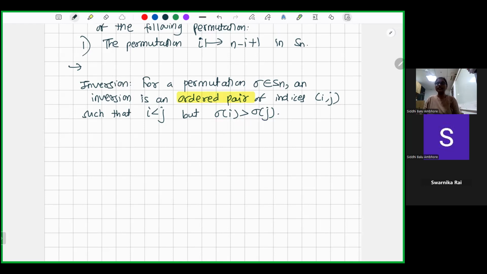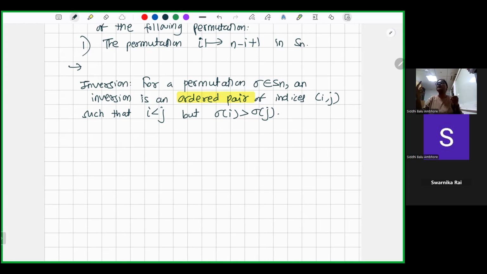So for each i less than j, I'm checking whether sigma i is greater than sigma j or not. For example, if a is less than b, then I check whether the image of a under this sigma is inverting or not. It's like I'm checking how disordered or how out of order my sigma is. I'm checking, for a less than b, whether sigma a is less than sigma b or not, and whenever that's not the case, I'm calling it an inversion.